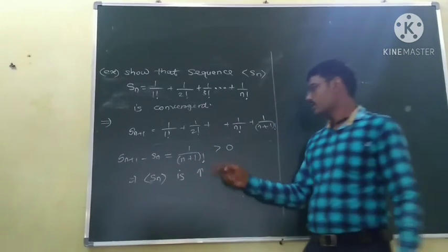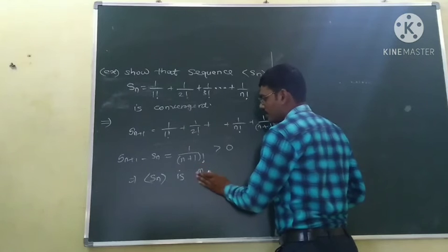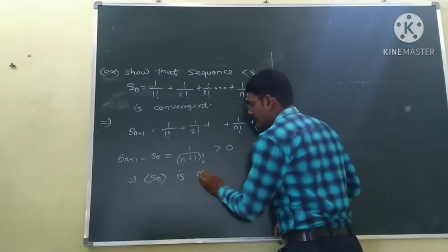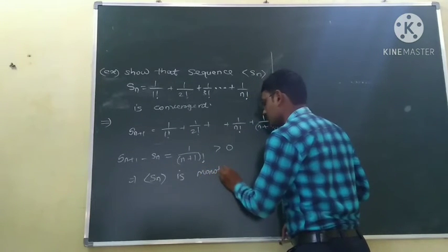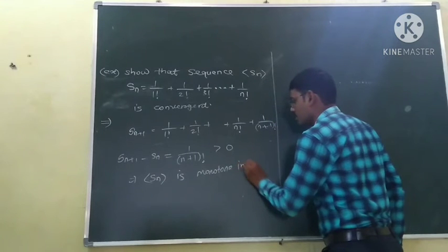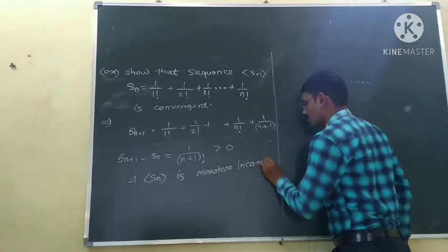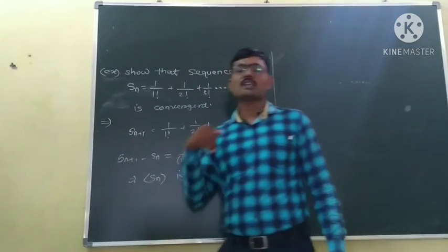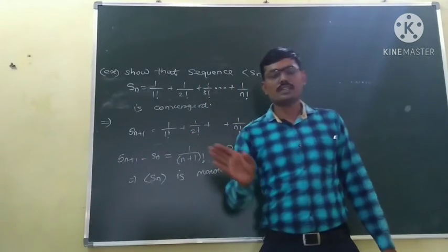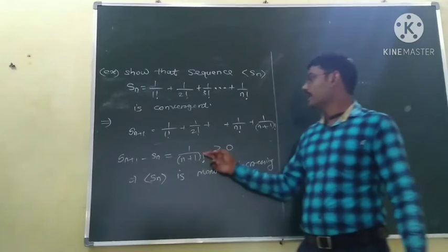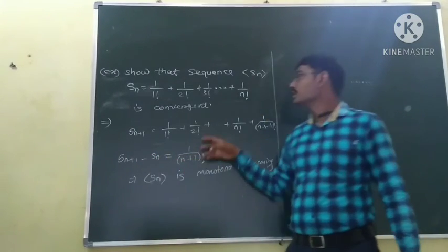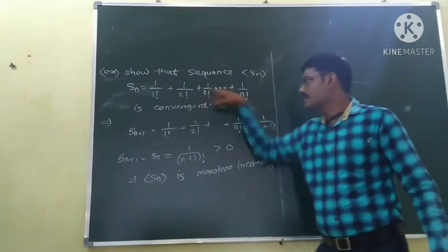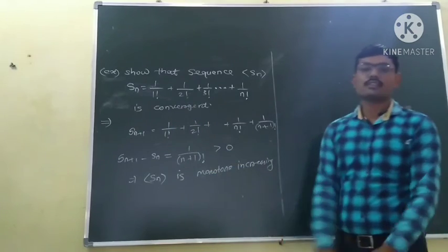We can write this arrow or just write monotone increasing sequence. Why? Because the difference between the n plus 1 term and the n term is always greater than 0, and this is valid for any value of n. So this sequence whose n term is this is monotonic increasing.